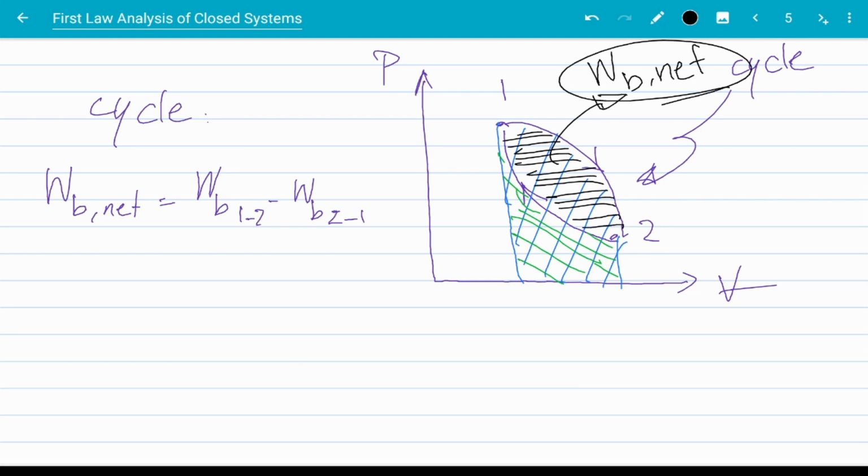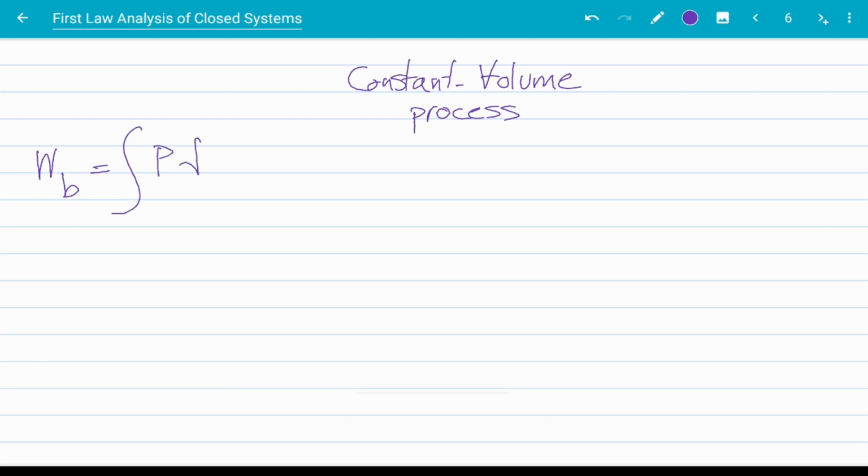So again, these are graphical representations of the equations that we deal with, and they can prove helpful with certain problems. Now let's introduce some processes. So the first process that we want to talk about is a constant volume process. Now the boundary work is the integral of P dV, right?